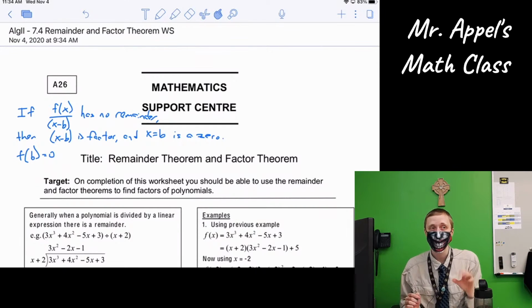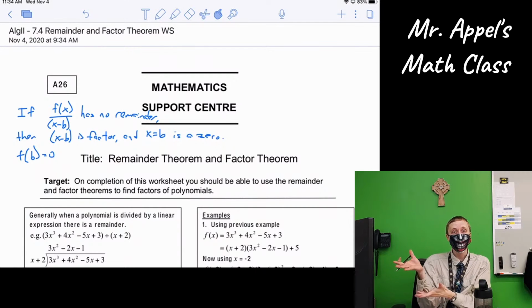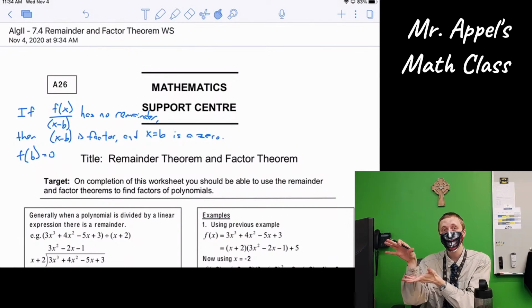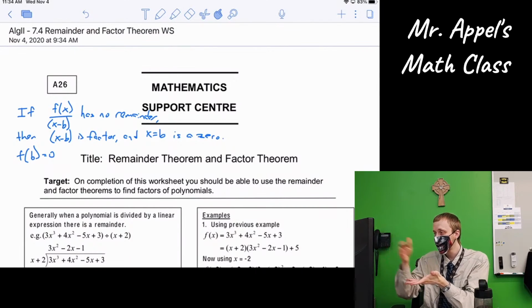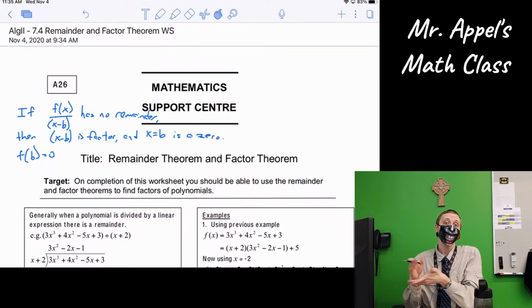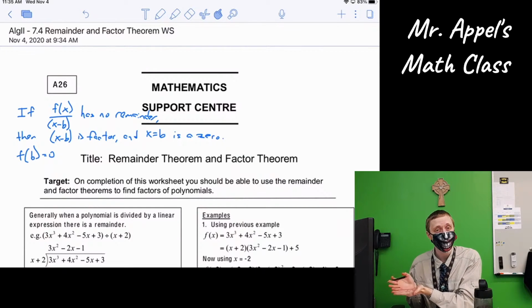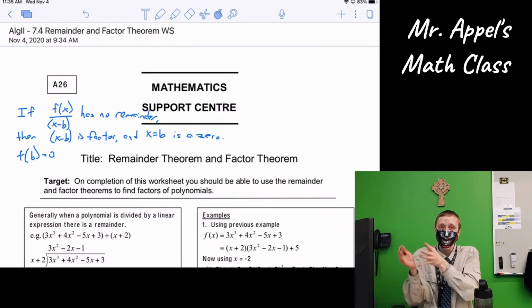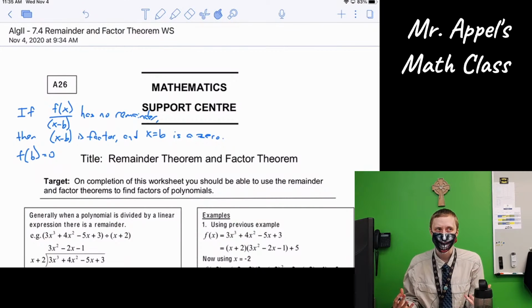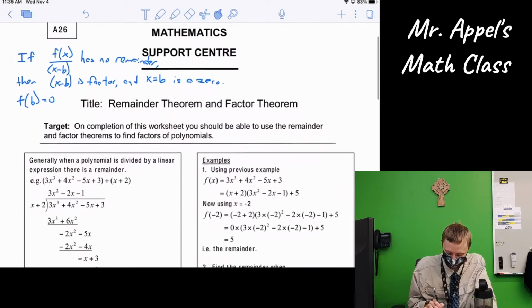I got 0 remainder, so this is a factor. Or just plug the number in. Substitute into the function, f of number, and the answer was 0. Obviously, that makes it a 0 of the function by definition, and thus x minus that is one of the factors. Now you know the division is going to go well.